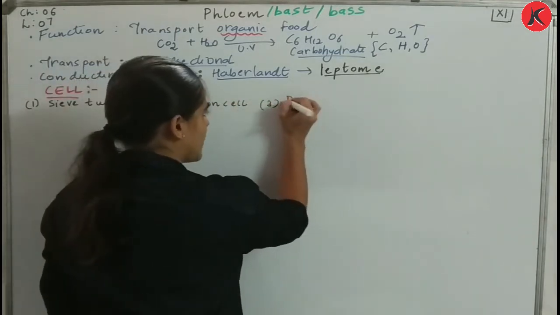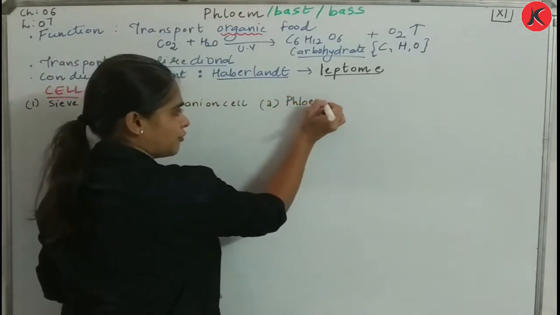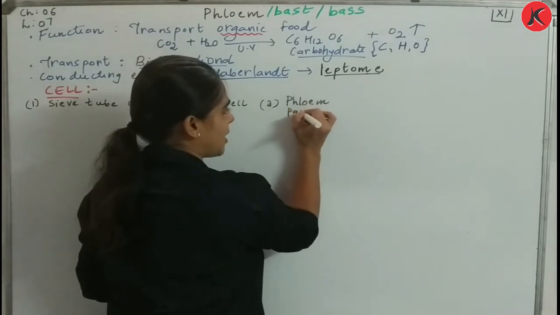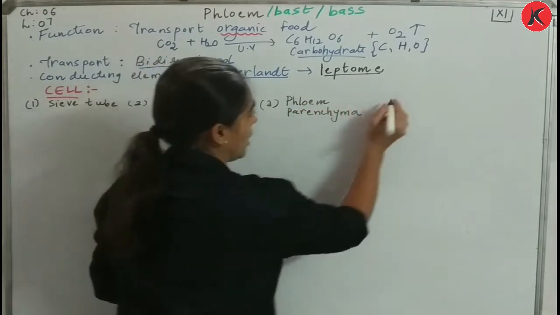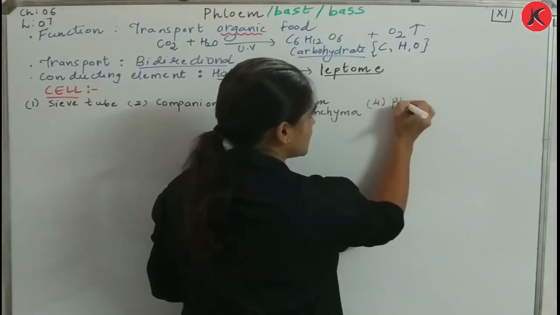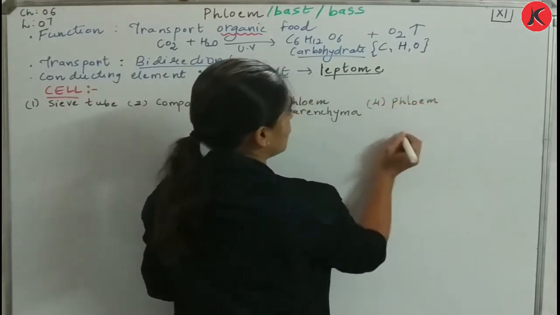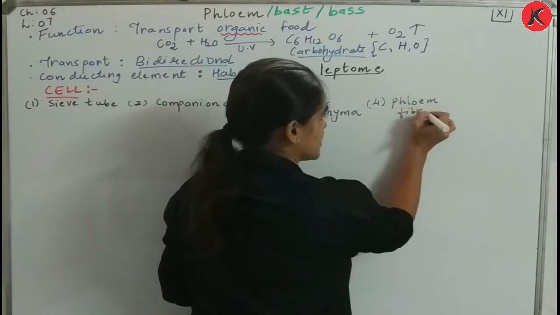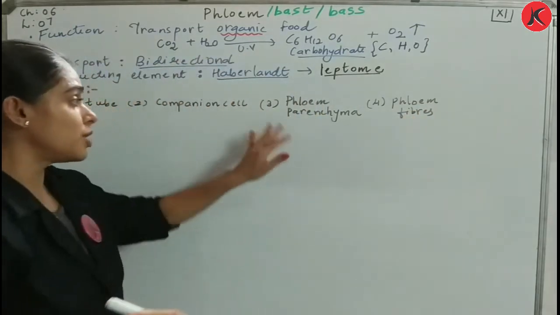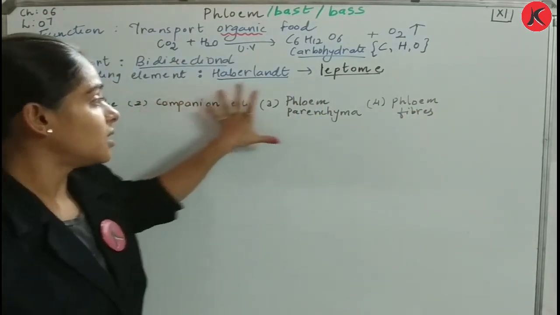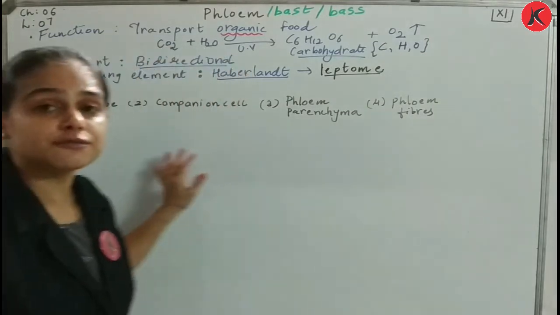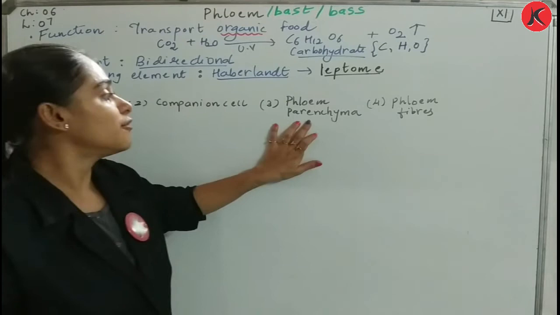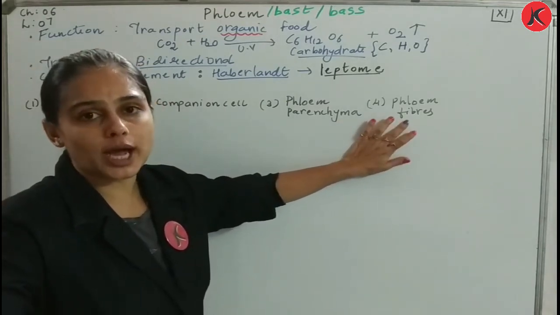Third and fourth remain same. Phloem parenchyma. Xylem में क्या था? Xylem parenchyma था. And fourth one is your phloem fibers. Am I clear? So dear students, ये क्या है? These are the components of phloem, I can say. It consists of your sieve tube, companion cell, phloem parenchyma and phloem fibers.